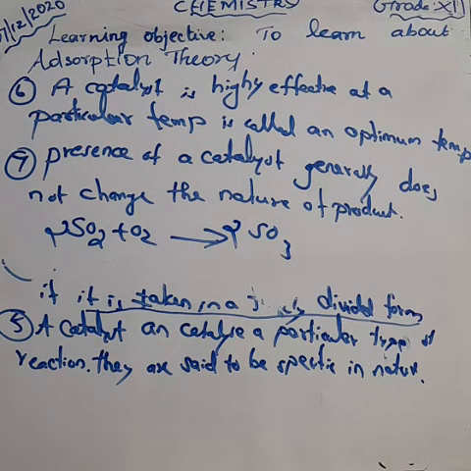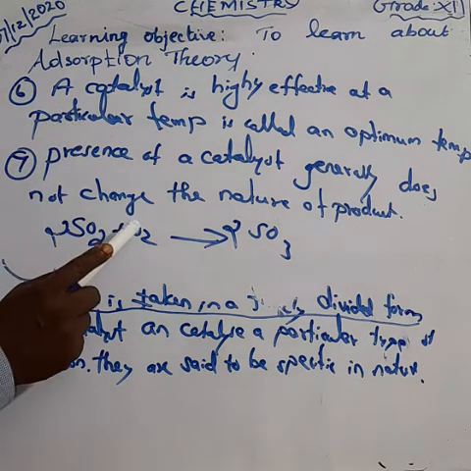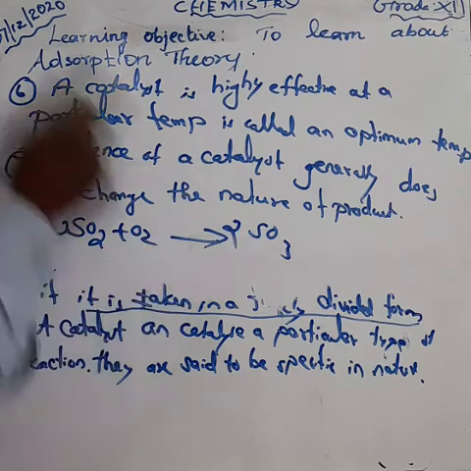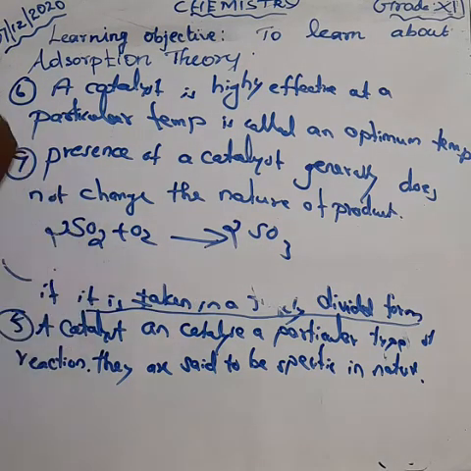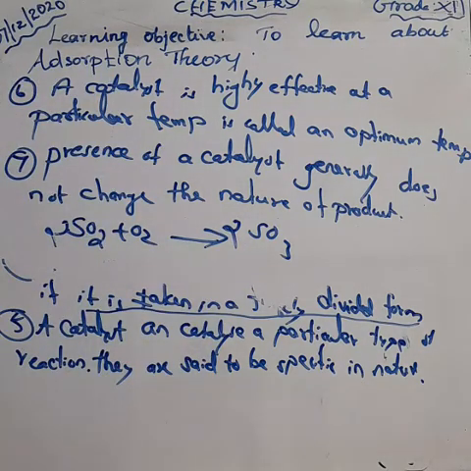This reaction is a very slow reaction. Sulfur dioxide reacts with oxygen to form sulfur trioxide, and the reaction is very slow.